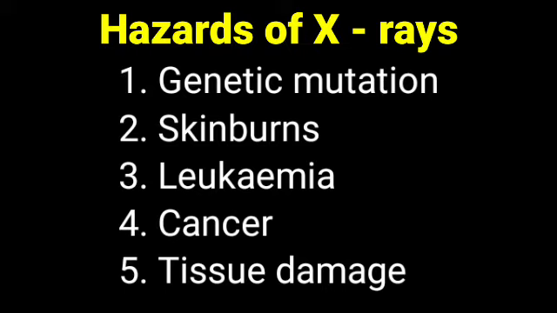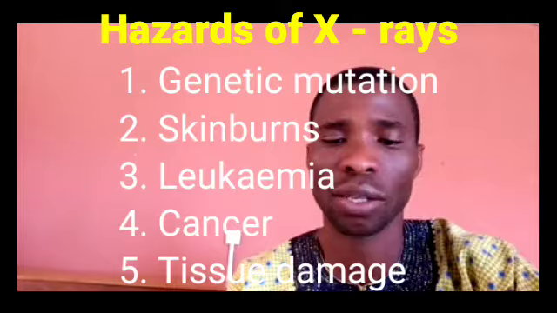Number 2 is skin burn or skin tan. We also have that it can cause leukemia, tissue damage, cataracts, and baldness. These are the different hazards that someone can get when overexposed to X-rays.